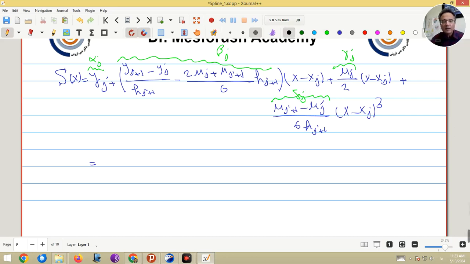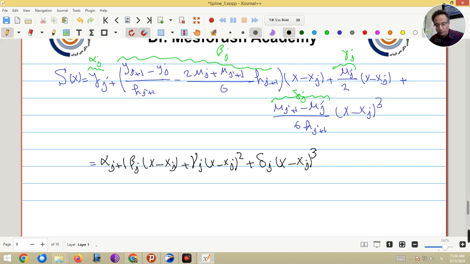So in fact I will get this equal to alpha j plus beta j times x minus xj plus gamma j times x minus xj squared plus delta j times x minus xj cubed.